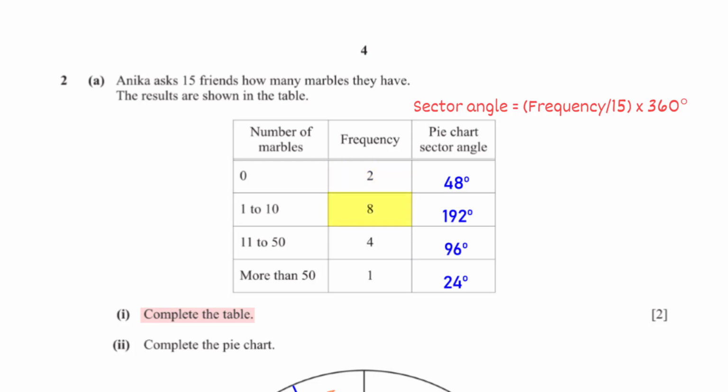Then we have 8 over 15 times 360 degrees, which is equal to 192 degrees. Then we have 4 over 15 times 360 degrees, which is equal to 96 degrees. And finally, we have 1 over 15 times 360 degrees, which is equal to 24 degrees.